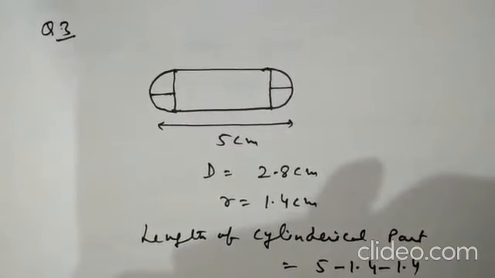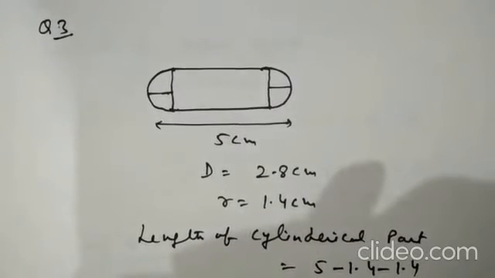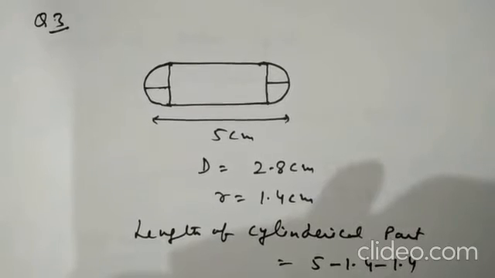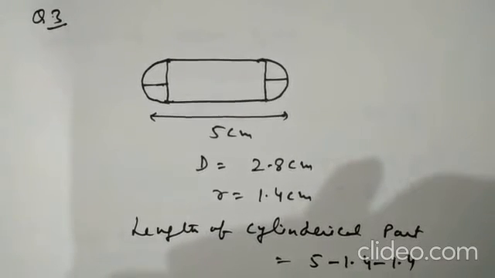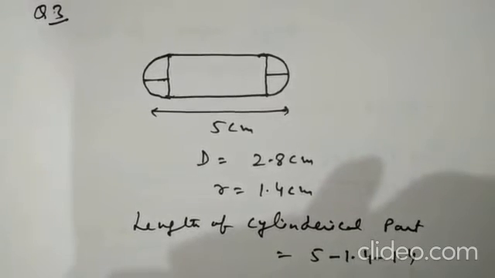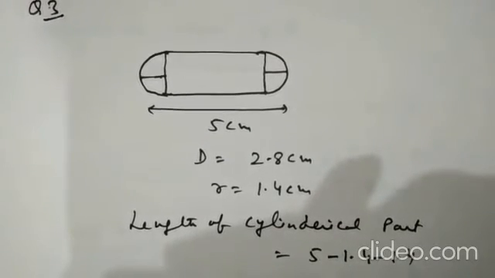So question 3, this is a gulab jamun in the shape of a cylinder with two hemispherical ends. Each gulab jamun contain sugar syrup up to 30% of its volume. How much sugar syrup would be found in 45 gulab jamuns, each shaped like a cylinder with two hemispherical ends?